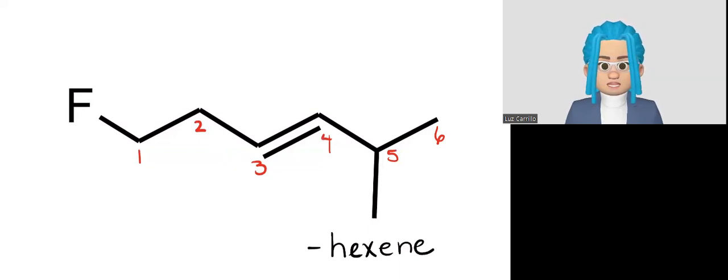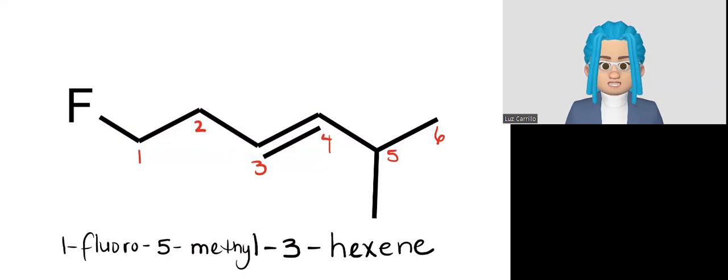The first atom in my carbon-carbon double bond for the alkene is number 3. The substituents I have to put in alphabetical order. On position 1, I have a fluoro group. On position 5, I have a methyl group. And this is the name of this alkene.